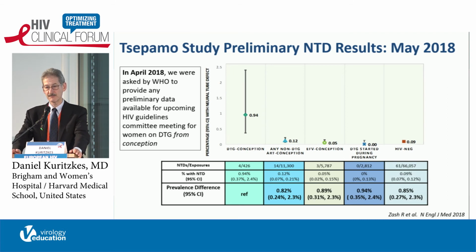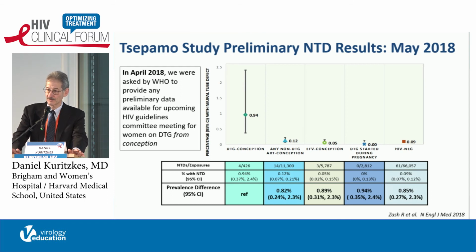And in fact, it had been Botswana that collected data to suggest that the earlier concerns around potential neural tube defects with efavirenz that had been seen in non-human primates and where there had been some case reports in humans were probably overstating the risks of efavirenz to the developing embryo and fetus. And because they had such widespread use of efavirenz, they were able to collect data across the country.